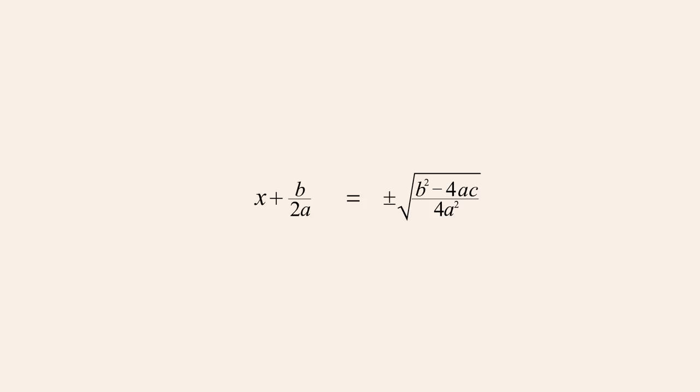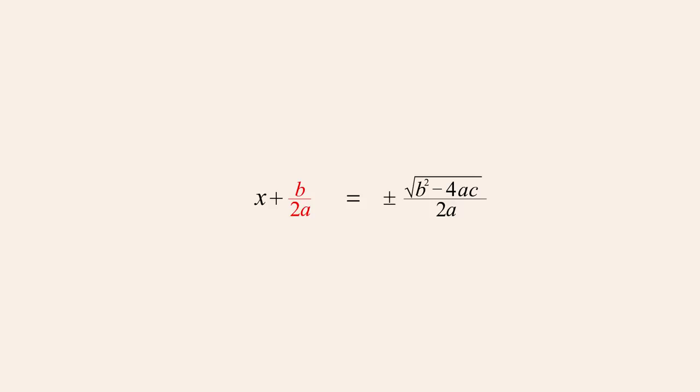Then on the right side, instead of taking the square root of the entire fraction, we can take the square root of its numerator and denominator separately. And taking the square root of the denominator, 4a squared, we get positive or negative 2a. However, since the entire fraction can already be positive or negative, the plus or minus sign in the denominator is redundant and can therefore be eliminated.